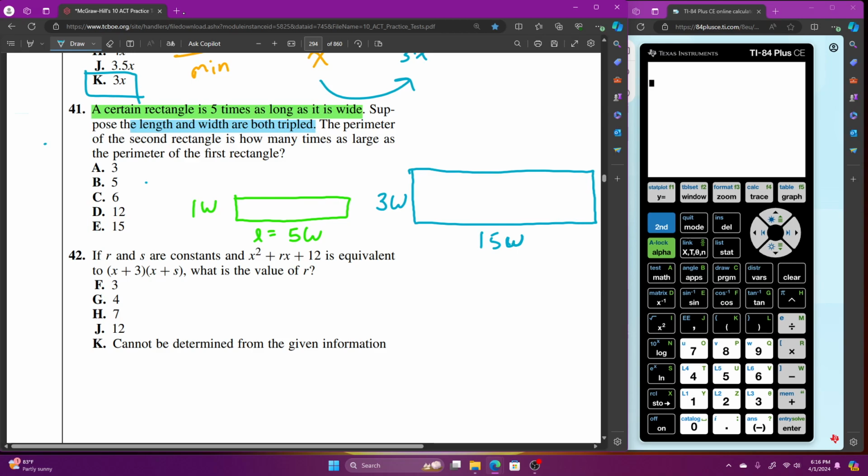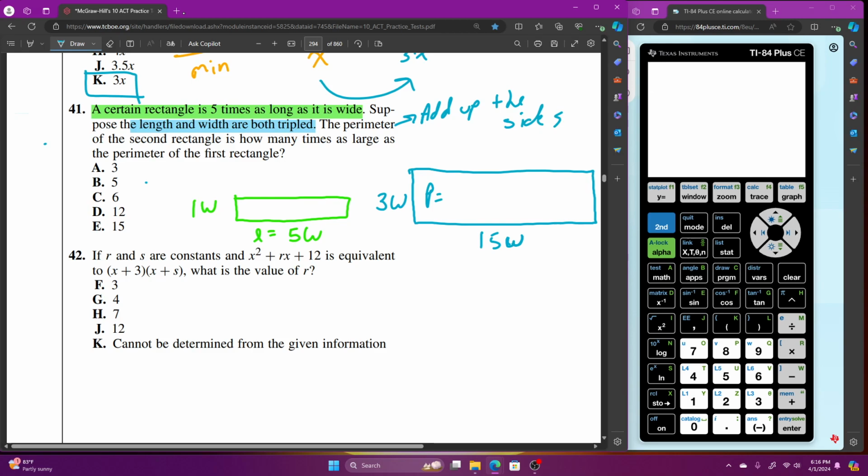And now we want to compare the perimeter of each. So the perimeter of our new one is 3 and 3 and 15 and 15. Perimeter means add up the sides.